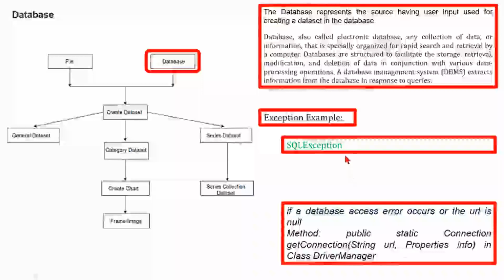As an exception example, we can consider SQLException. If a database access error occurs or the URL is null, in method public static Connection getConnection(String url, Properties info) in class DriverManager.